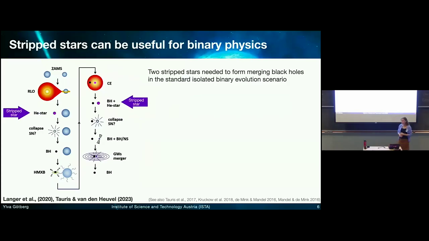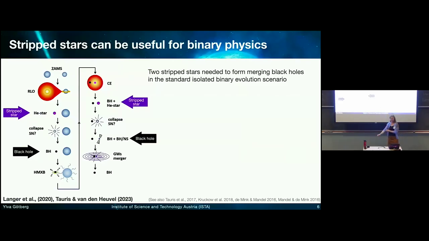You may see that they are called somewhat different depending on who made the graphics. Here they are called helium stars, sometimes they are called Wolf-Rayet stars, I would doubt that. And sometimes they are called strip stars, when I make it, they are called strip stars. And then I want to point out that here we have the black holes. Yes, it's actually rather close to the black holes. It's just one little core collapse in between.